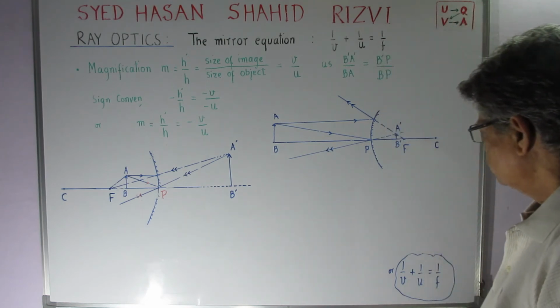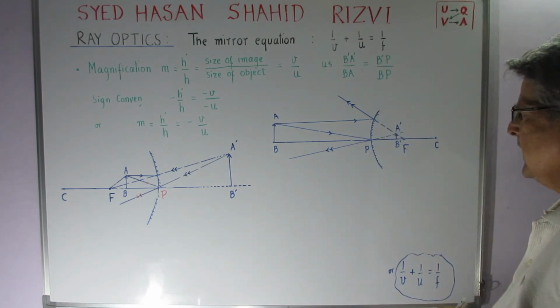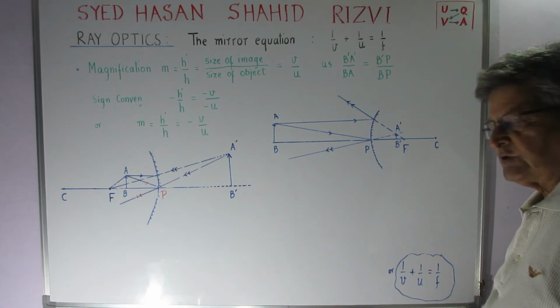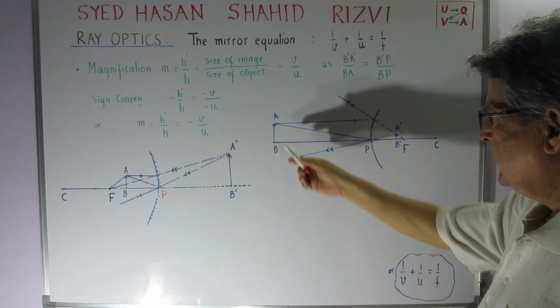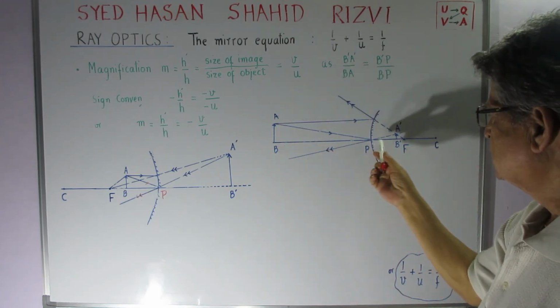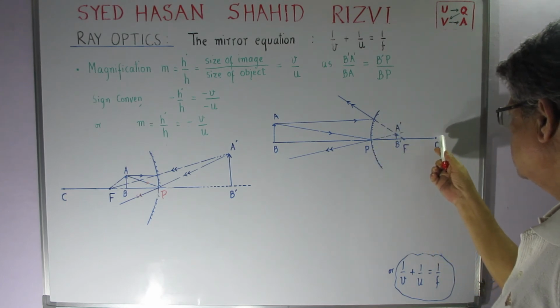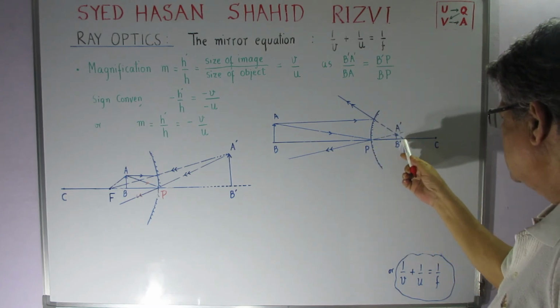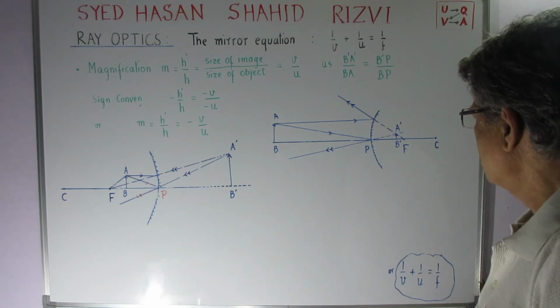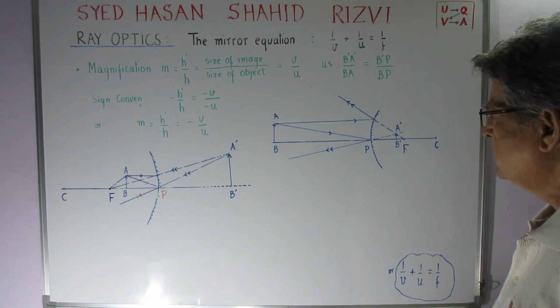Now here I have taken a convex mirror, and I have taken an object of size BA, which is naturally the center of curvature is here, the focus is halfway in between.